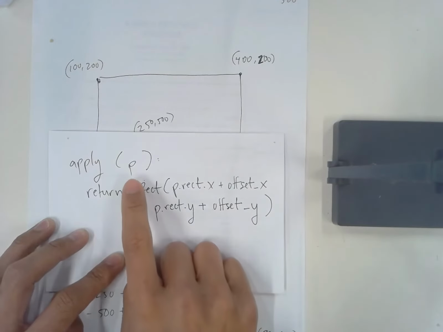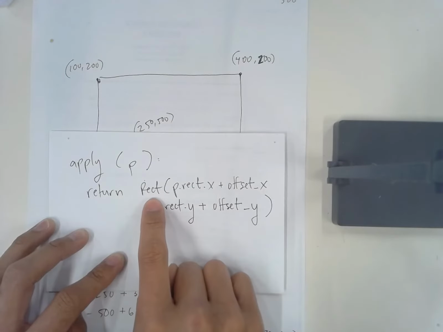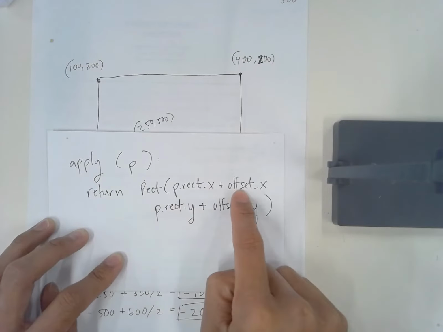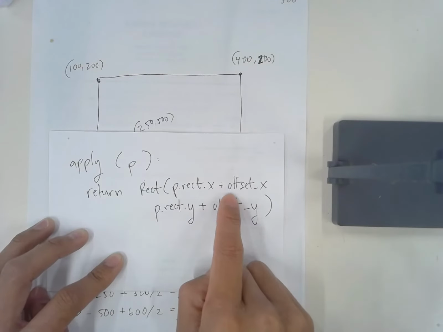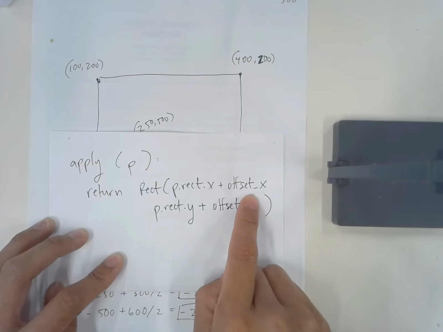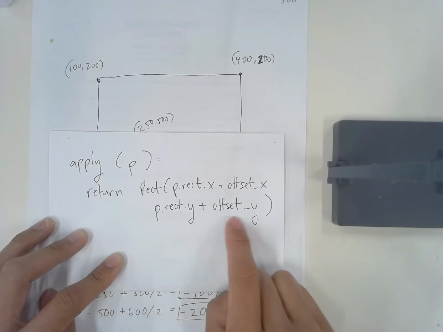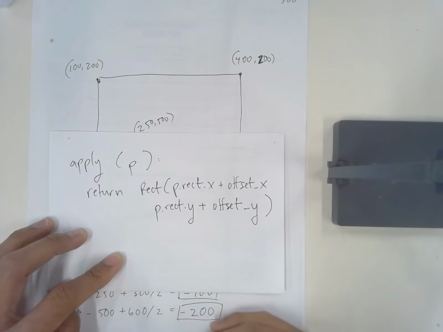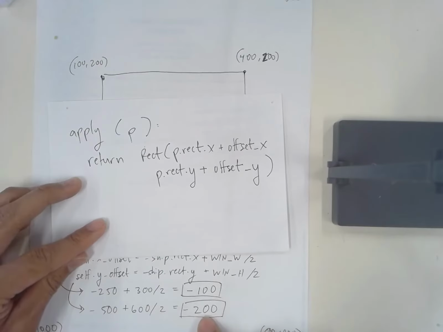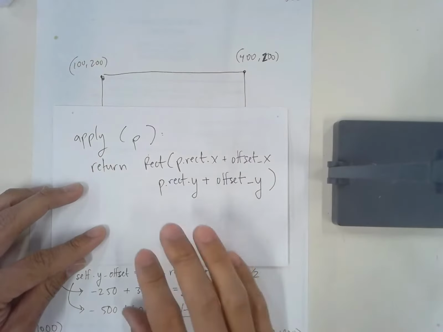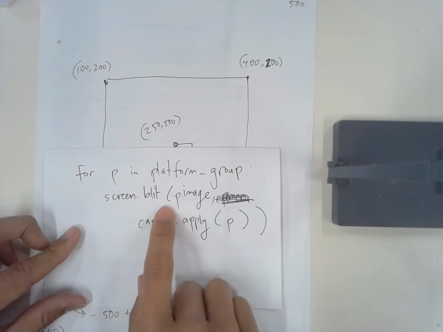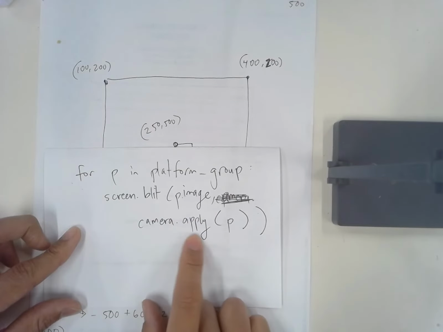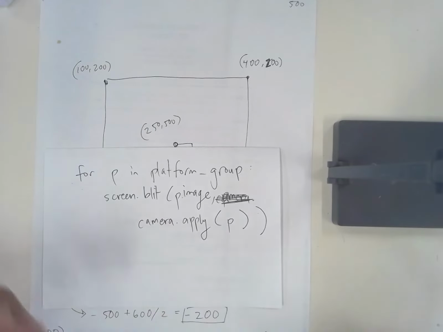So we return the platform's rect, but the x position of the rect is going to be the platform rect's x position plus the x offset, and then the platform's y position plus the y offset that was calculated in the update method, right? This -100, -200. So let's go ahead and see where our platforms are going to be blitted onto the screen after running the platform's rect through apply and having it return the adjusted rect.